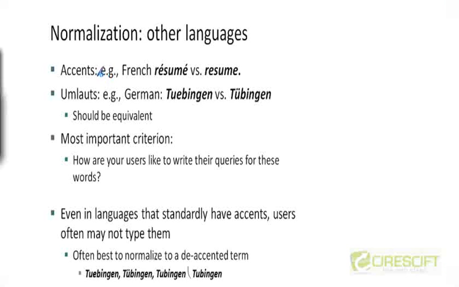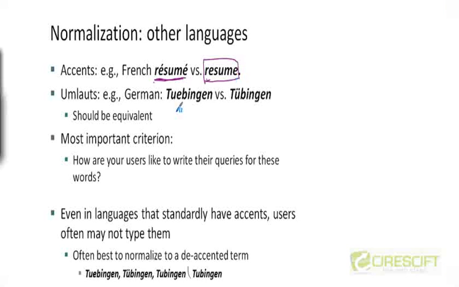Now, as always, normalization is heavily language dependent. So depending on which language the documents are written in, the linguistic module that you use is going to be different. In English, for example, the word resume without the accents and the word résumé, which is basically a French word, which is your CV or curriculum vitae, which you submit when applying for a job, these two mean different things, right?